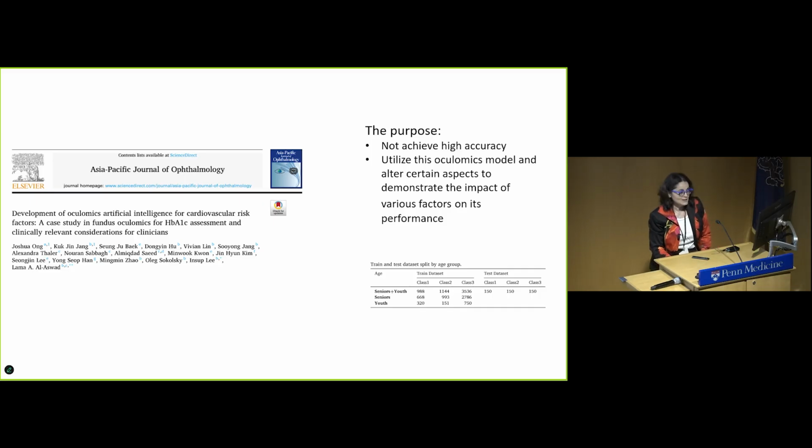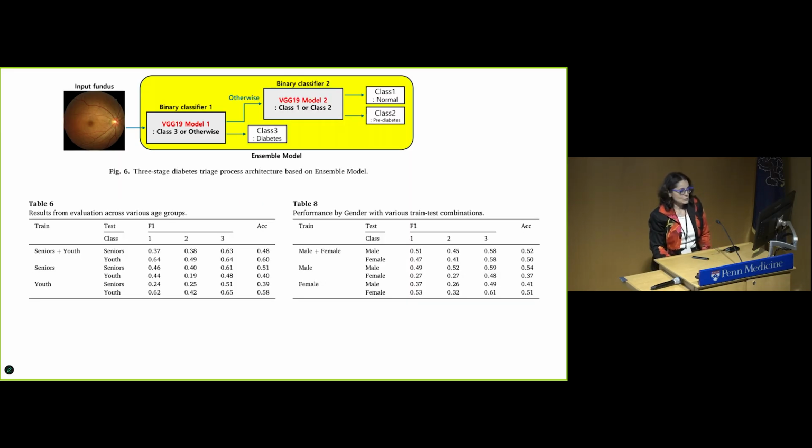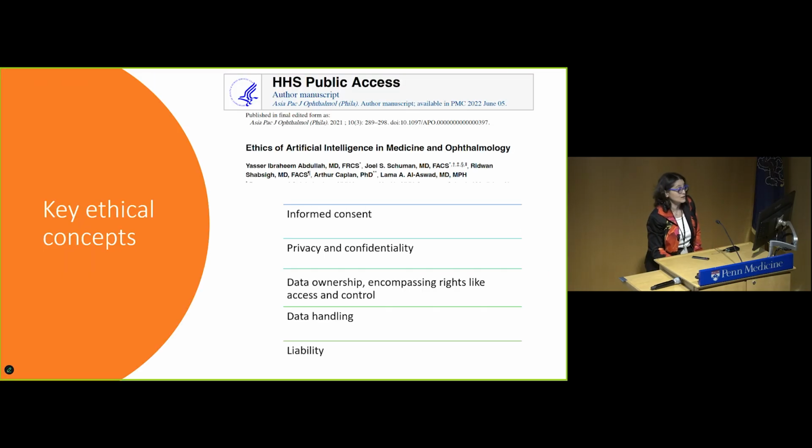We trained a model, not a great model, but as a proof of concept, on a data set for hemoglobin A1C, men, women, seniors, young. If we trained the model on older patients, it doesn't perform as well in young. And if we trained it on young, it doesn't perform as well in older, and the same thing with men and women. This tells you why inclusion is very important in clinical work.